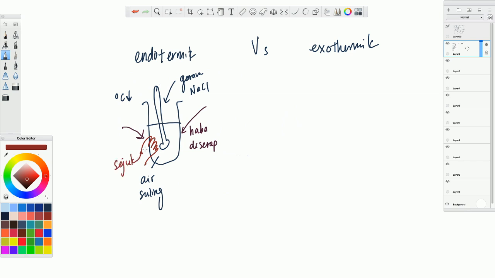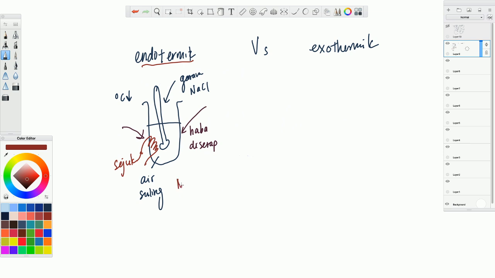Pelajar selalu confuse. Cikgu, jika endotermik dan haba diserap, mengapa suhu boleh menurun? Bukannya suhu meningkat. Bukan. Haba diserap daripada persekitaran dan diserap ke dalam bahan kimia kamu.